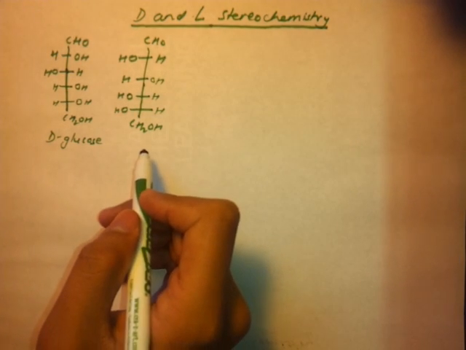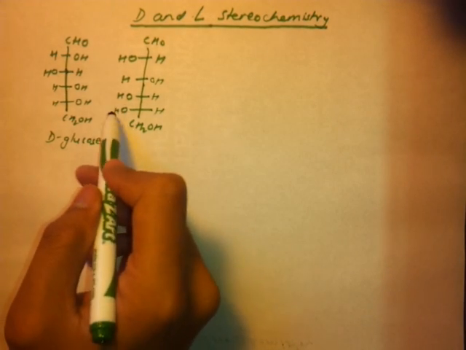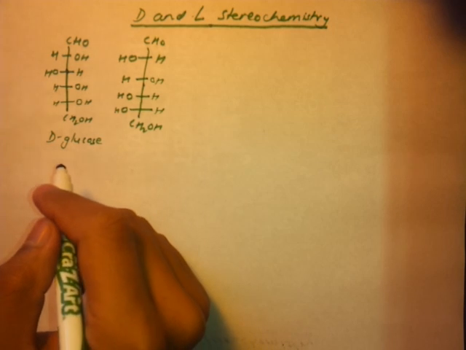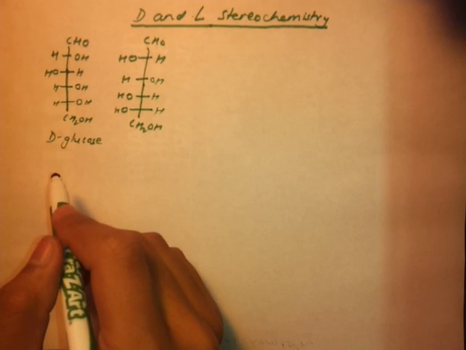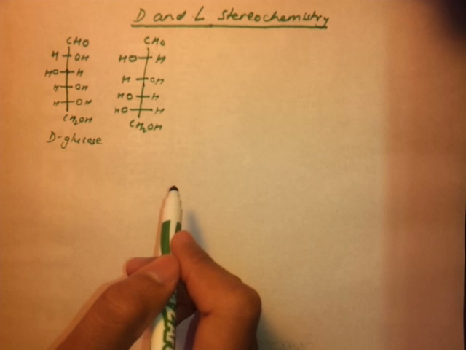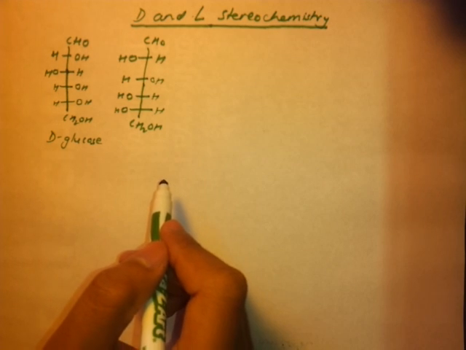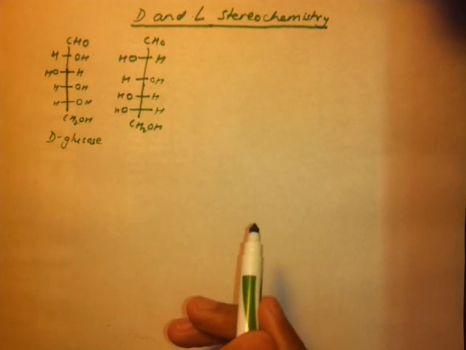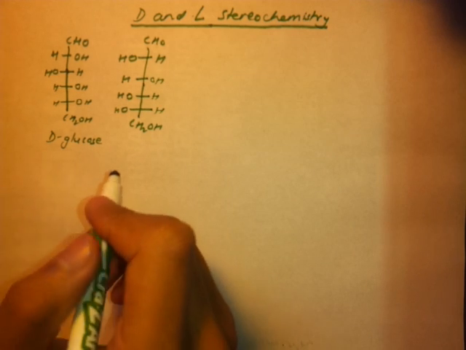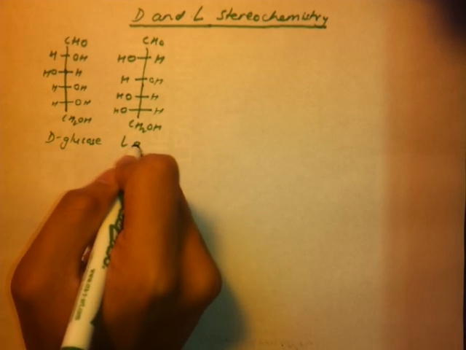This will be our L glucose, and this is an L compound because this OH is to the left side. You can always think that D galactose and L galactose have to be mirror images of each other. D mannose, L mannose, and all other sugars have to be mirror images of each other. So this should be our L glucose.